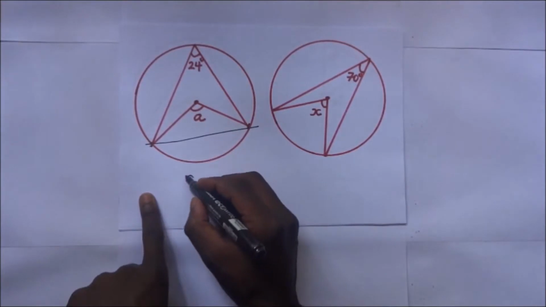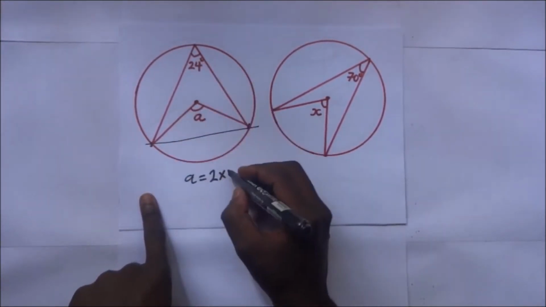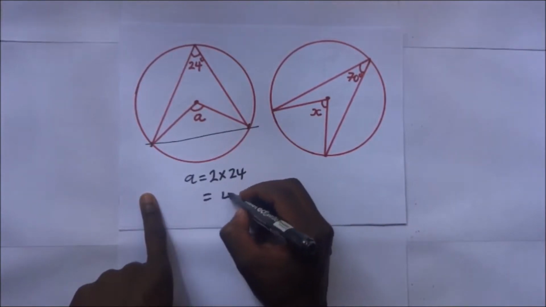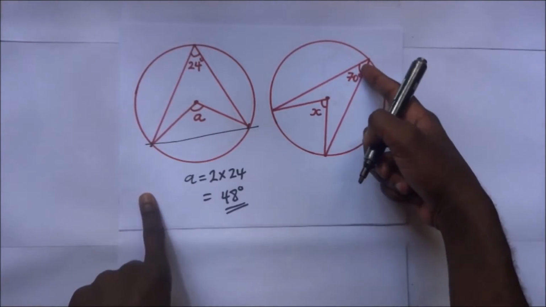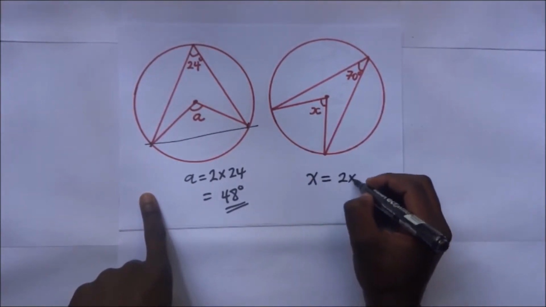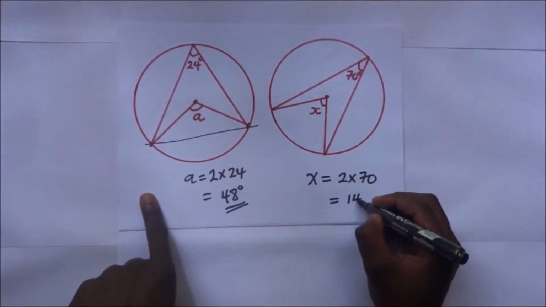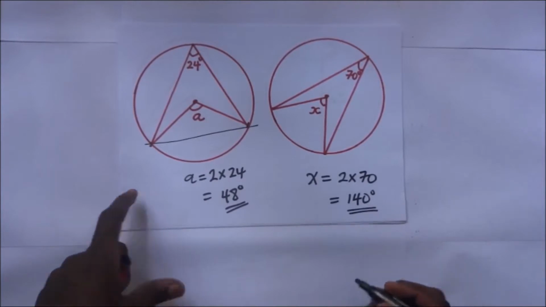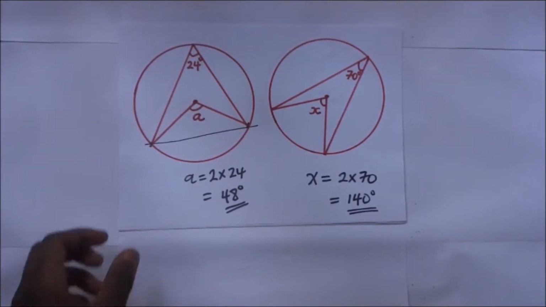So the value of A here is going to be 2 times 24, and it will be 48 degrees. Same here. The value of x here is going to be 2 times 70, and that is going to be 140 degrees, using the property we have just talked about.